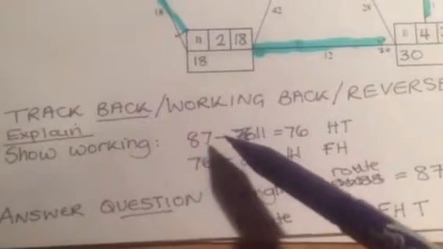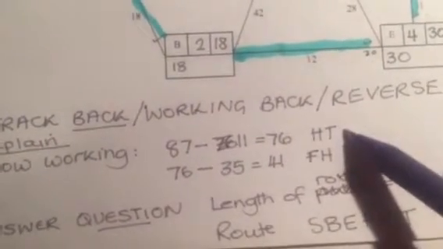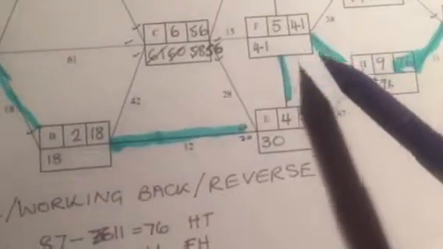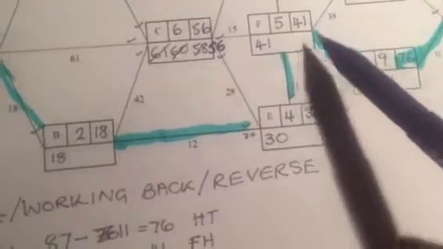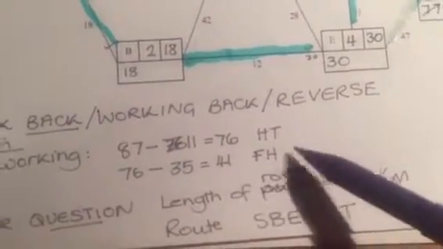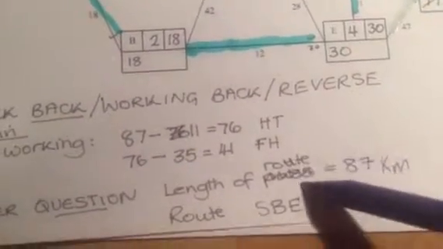Your first line of working, 87 minus 11 equals 76. Write down what you got, so that was the edge HT. You're then at the 76 and you did 76 minus 35 to give you the 41, and that was edge HF.